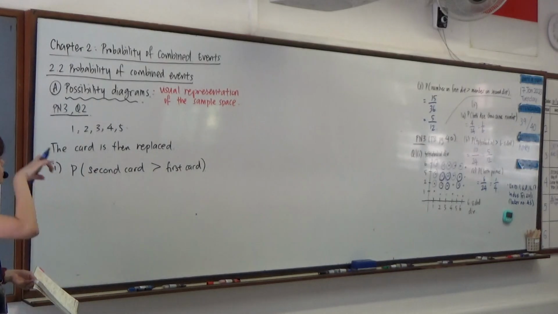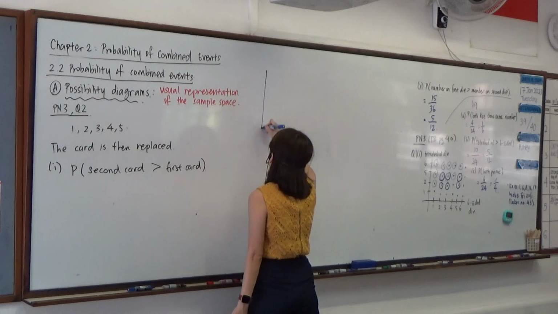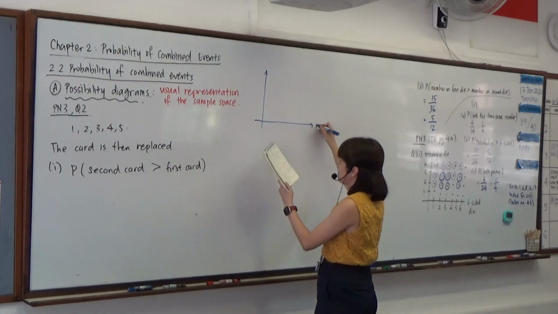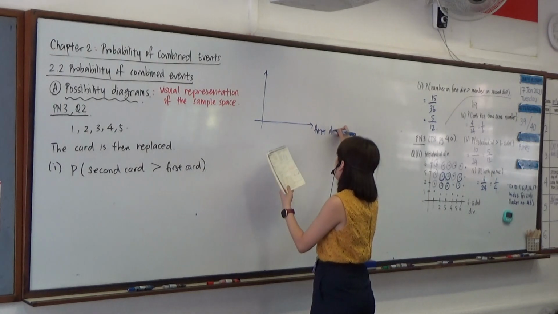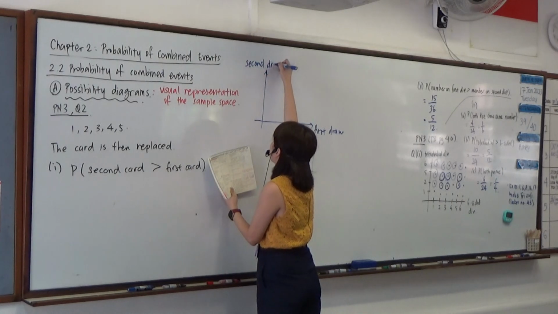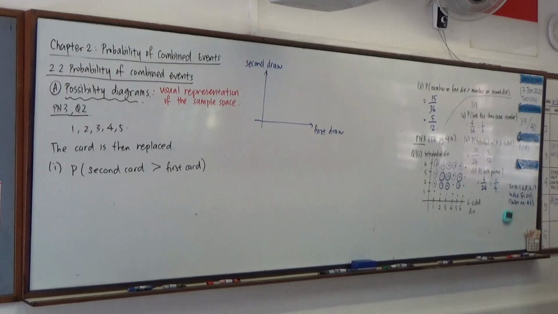Okay, so to draw this possibility diagram, we're looking at 2 different events, whereby we have our first draw and our second draw. Again, it doesn't matter how you label the axis. You can have it the other way round.